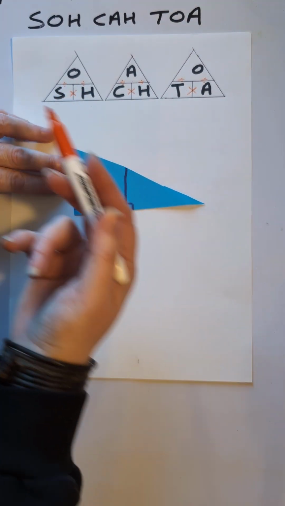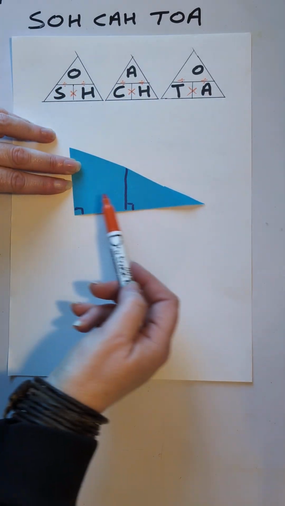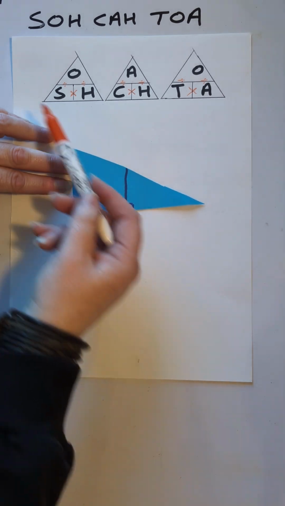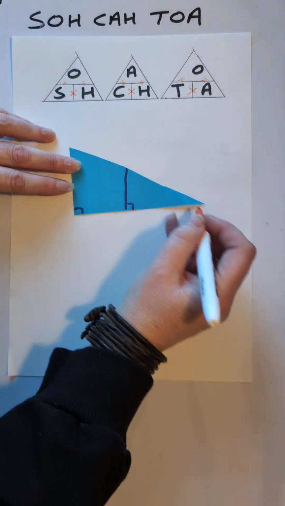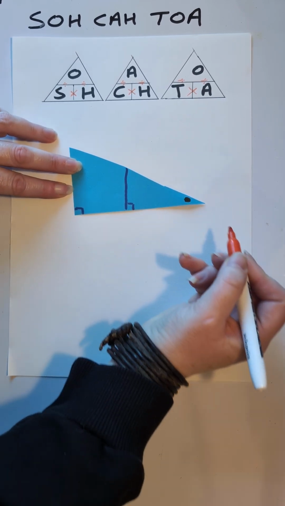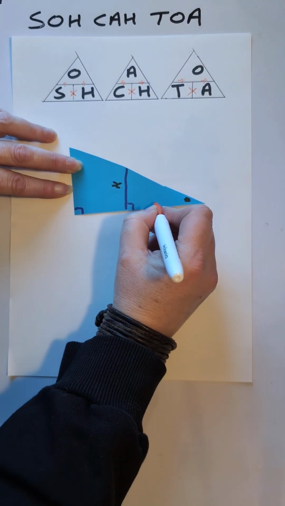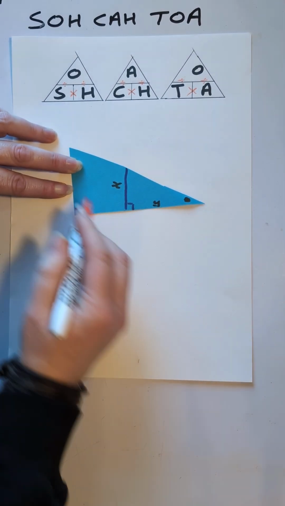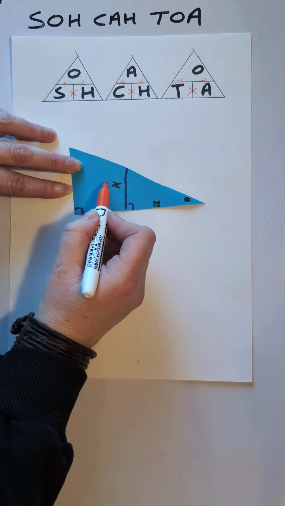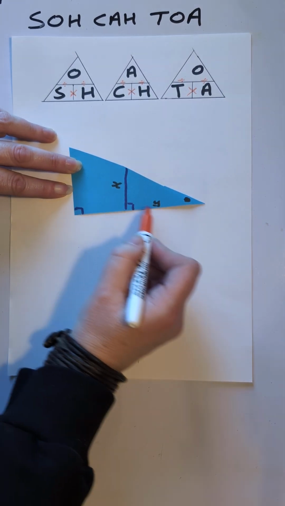We've got to identify, first of all, are you dealing with sine, cosine, or tangent? Now remember, it's only valid when there's a right angle involved. So if we had, for example, this angle here, and we had this side and this side, we will be dealing with no hypotenuse, so that's tangent.